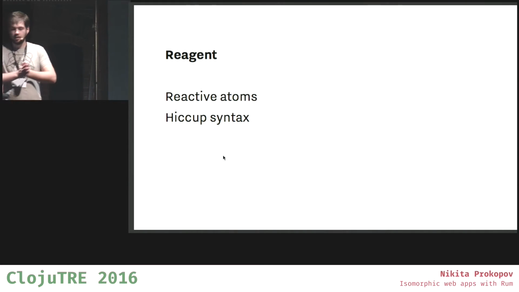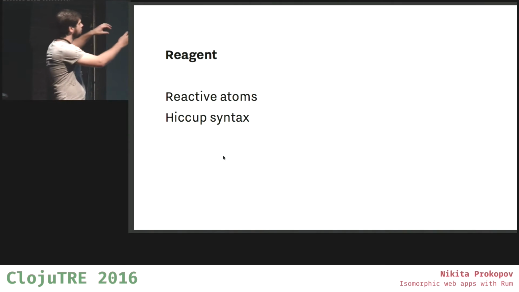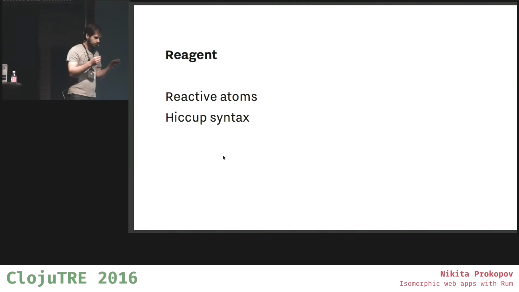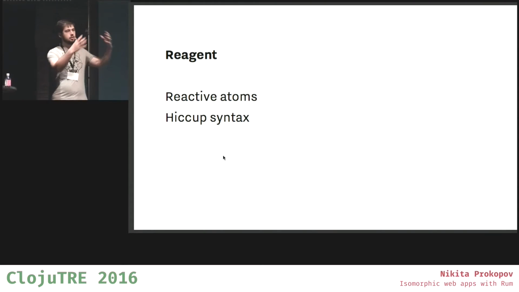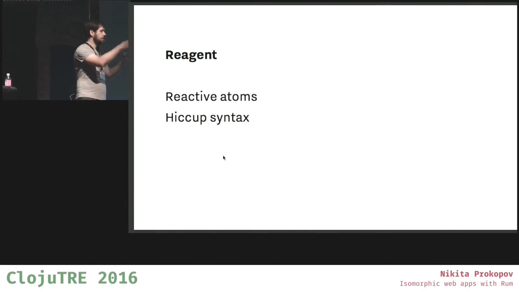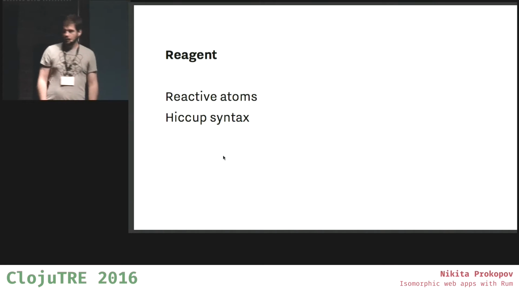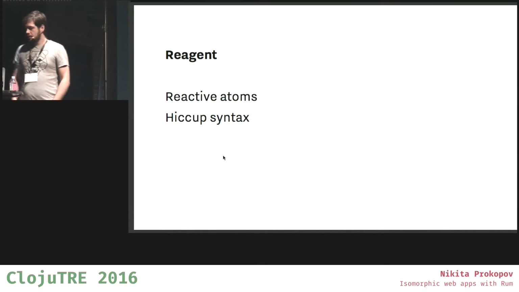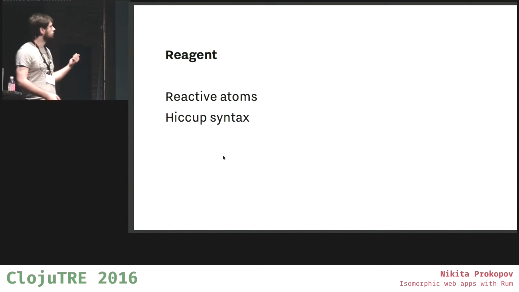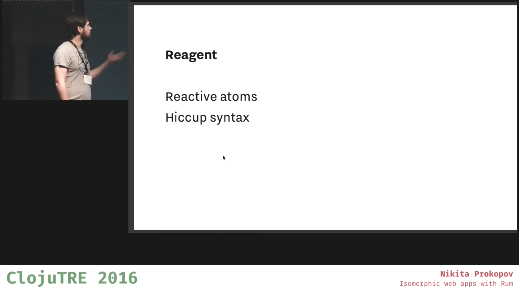So the idea was that you keep state in a set of small reactive atoms, and you build a reactive chain out of them. And when you change something, it pushes the update through the chain, and then on the leaves you have your user interface. They also were first, probably, or I'm not sure first or not, but they used hiccup syntax for defining the user interface.